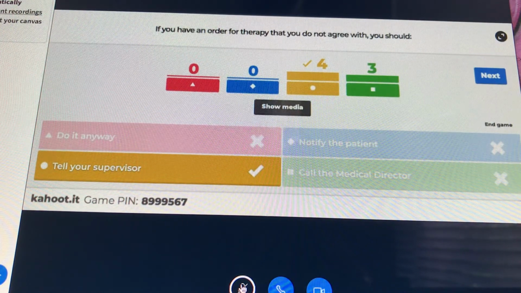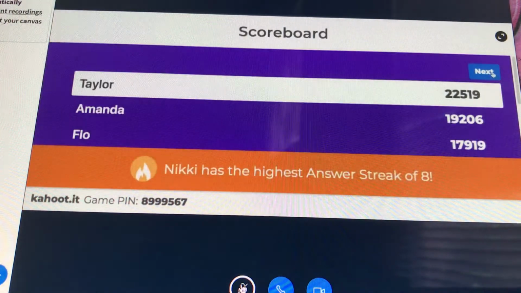Don't ever call the medical director. Any question that you get, the answer is never to call the medical director. They're not involved in the day-to-day activities of the department. They oversee things. So don't call them. But you should tell your supervisor, make a note, document it, and so forth.